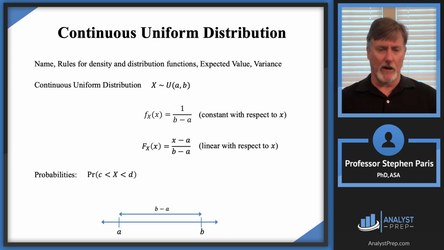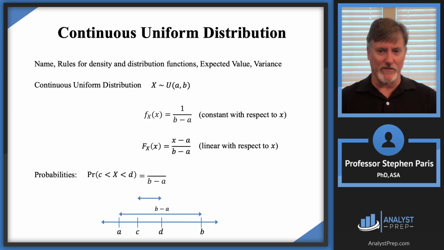So I'm going to get an expression for that probability that's a fraction, and the denominator is going to be b minus a, the length of the interval that defines the support of that continuous uniform distribution. The next thing I do is look at the event that I'm taking the probability of, in this case the event that the random variable is between c and d. I'm assuming that c and d are both between a and b, and c is less than d.